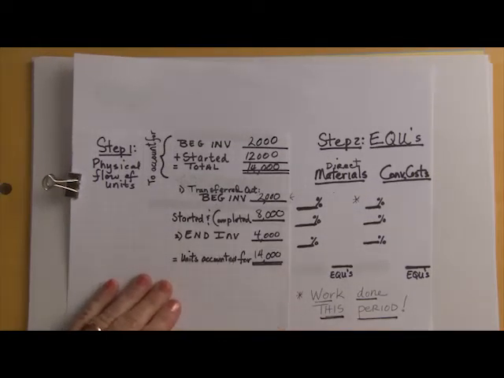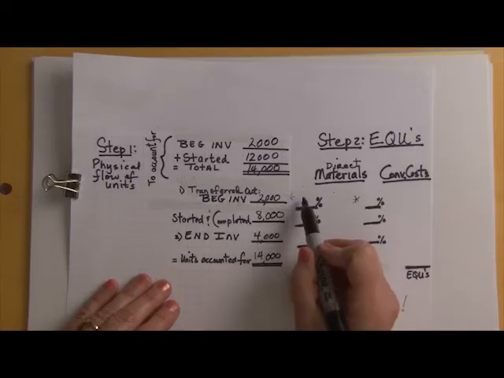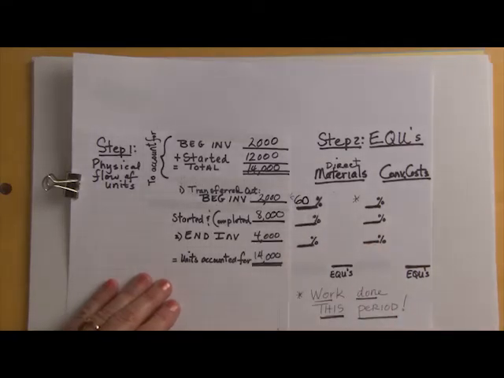According to your lecture notes, the beginning inventory was 40% complete as to materials. But the 40% of the work was done last period. What I want to know is what percent was done this period. So this becomes 60%. 40 plus 60 equals 100.